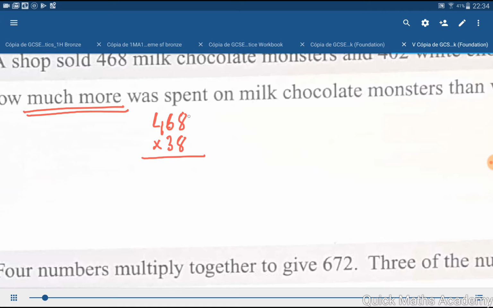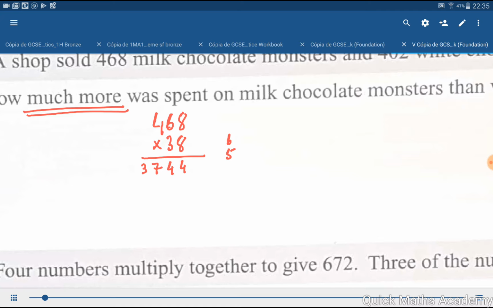Multiplication. 8 times 8, 64. And I have a spare 6. 6 times 8 is 48, with 6, 54. And 4 times 8 is 32. Sorry, I have a spare 5 here. 4 times 8 is 32, with 5 it's 37.